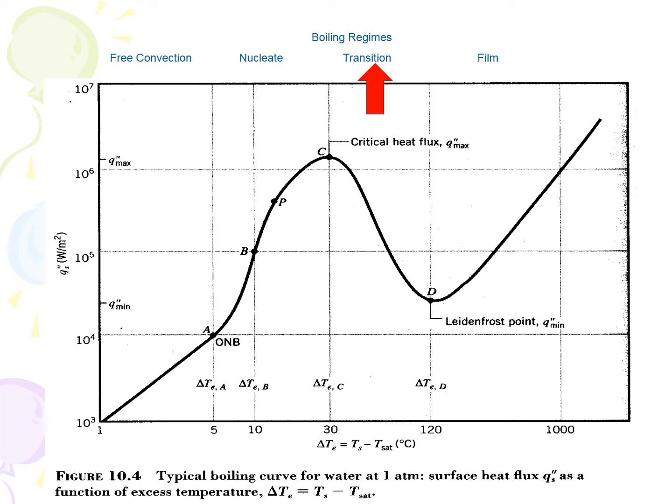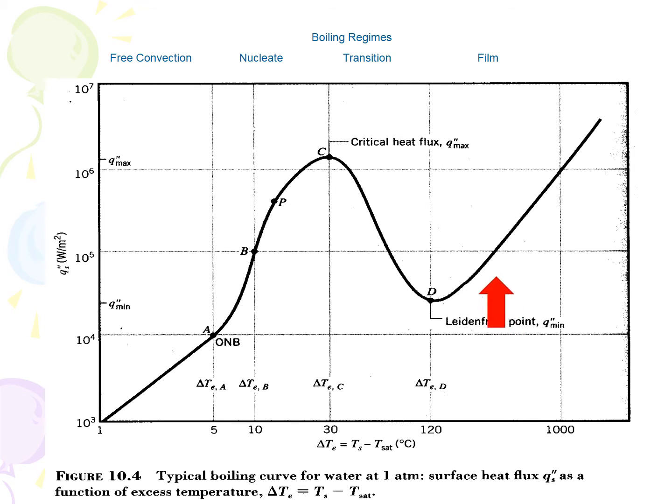The reason for the low vapor heat transfer coefficient is the low thermal conductivity of the vapor. At the Leidenfrost point, the whole surface is covered by a vapor film. From this point onwards, the heat flux increases with increasing excess temperature as predicted by Newton's law of cooling. This law states that Q double dash equals the heat transfer coefficient times the excess temperature. Increasing the excess temperature would therefore increase the heat flux.